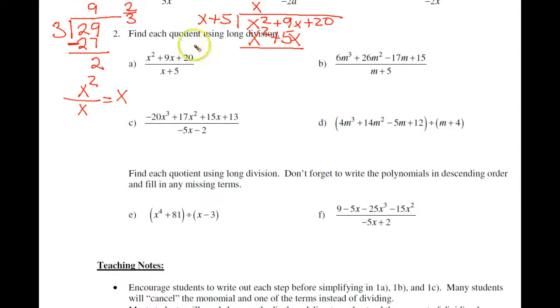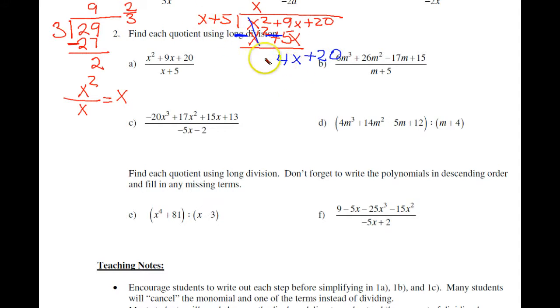To subtract that, I had to change the signs, and now I'm going to add. So this subtracts out. That's what we wanted over here. This subtracts out. That's going to be a 0. This is going to be a 4x. And I bring down my 20.